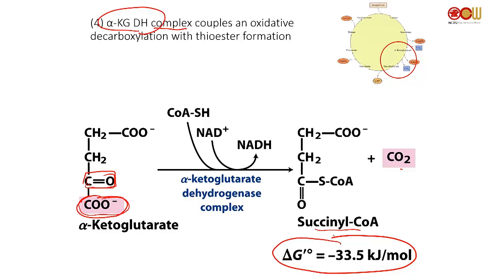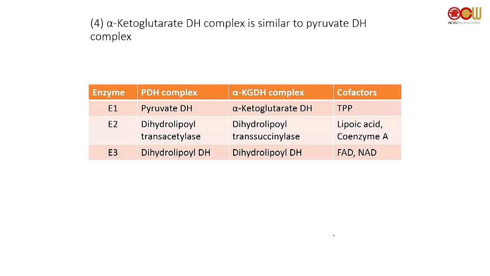Make sense? Okay. So it's very similar to your PDH. So here, this is PDH that we saw earlier today. You have E1, E2, E3. So alpha ketoglutarate dehydrogenase, the alpha-KGDH. Okay, same thing. You have a very similar E2, very similar E1, and it turns out an identical E3.